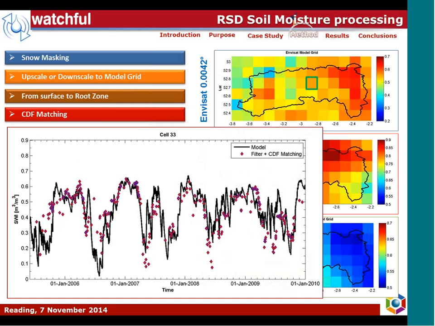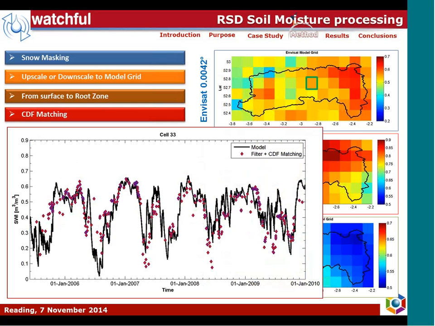Then we upscaled or downscaled it to the model grid. For us, the model grid was fixed in such a way that we could easily integrate the ERA interim reanalysis product as forcing data. And so we use this as the reference grid and upscaled or downscaled other data products from satellite remote sensing to match this grid.